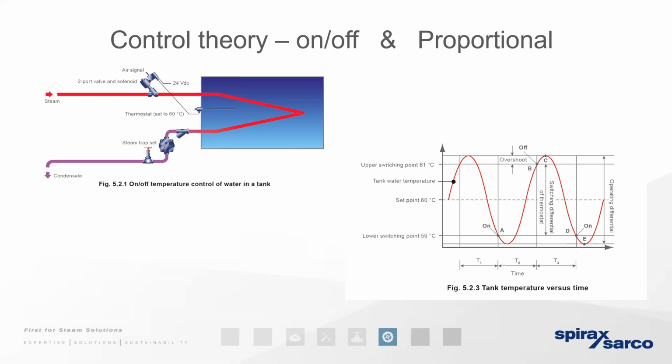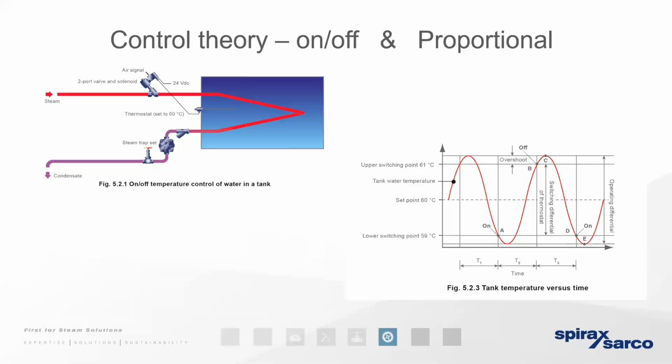So if we take the example of a vat of water that we're heating using a steam coil, with proportional control, let's say, for example, we wanted to hold the water at a set point of 60 degrees. It means that the valve will start to open a certain number of degrees below 60, and it'll start to close a certain number of degrees above 60.